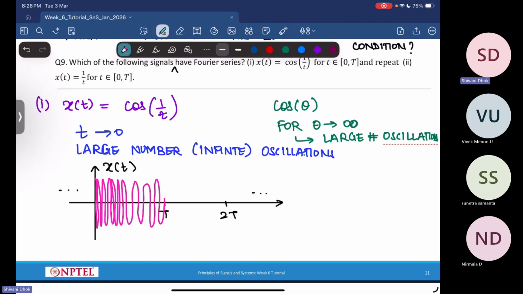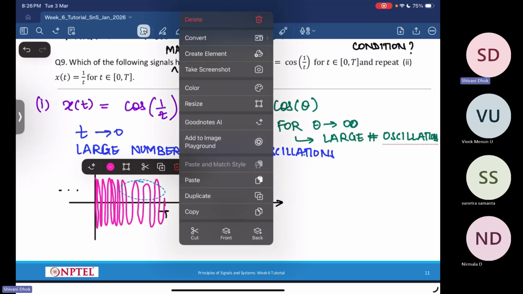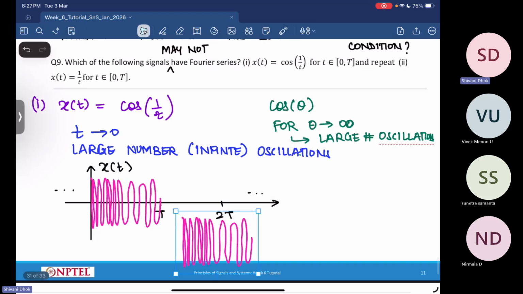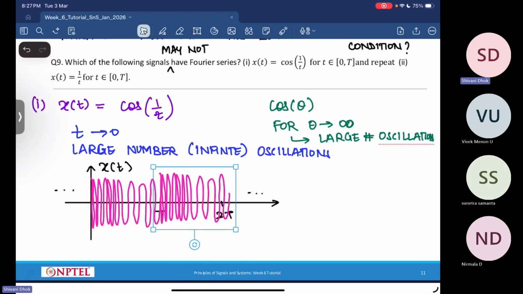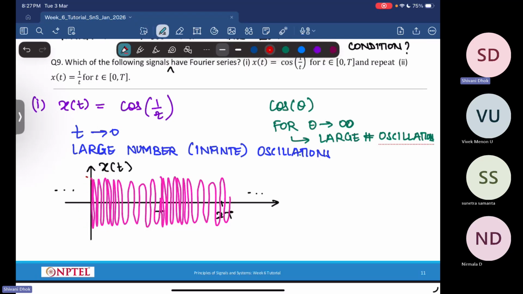These are not to scale, but something like this will happen. Let me copy. The same thing will repeat here, and so on.